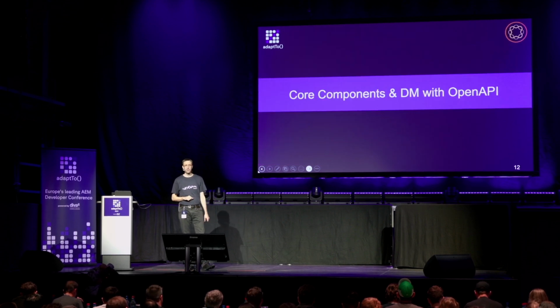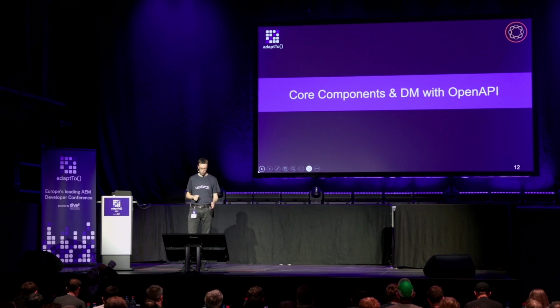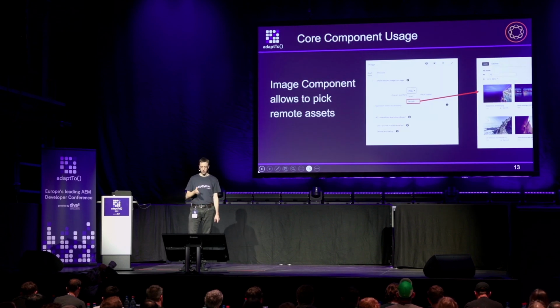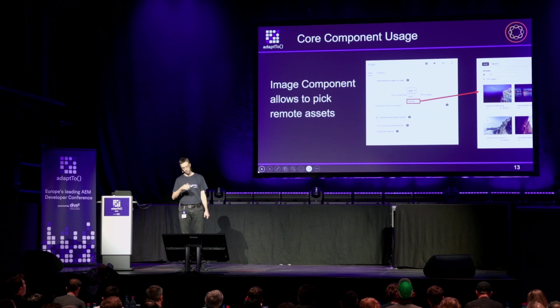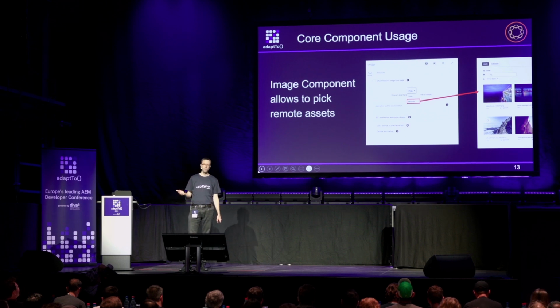Yeah, with this, let's look how we can actually use the Media API in AEM, in your AEM components. First, if you're only using core components, once you have this configured, this involves setting a couple of environment variables which trigger a couple of OSGi configurations. And once this is in place, the image edit dialog changes a bit.